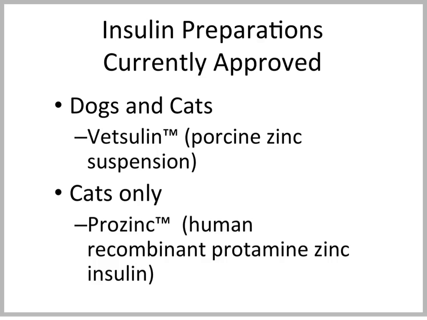But I want to reiterate here that we frequently use the other insulin preparations that are on the market for the treatment of diabetic dogs and cats. So preparations that come from the human side, we use those for treatment.